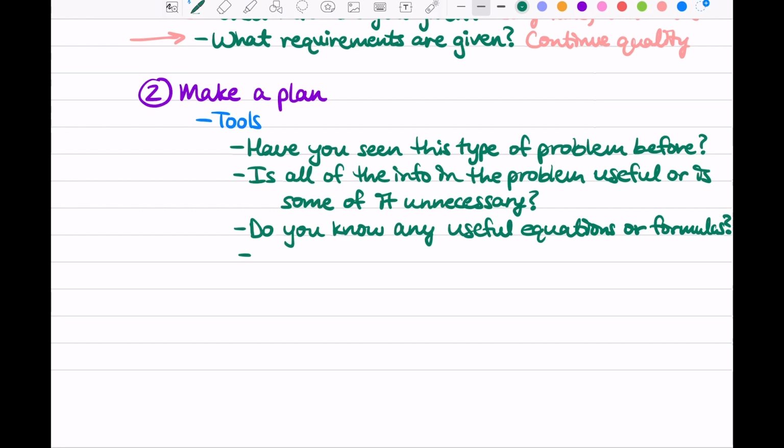Another tool is, do you know a related problem or concept that can help you here?